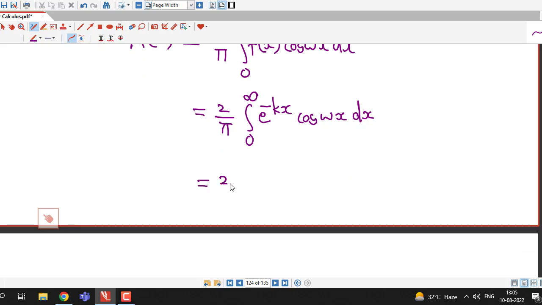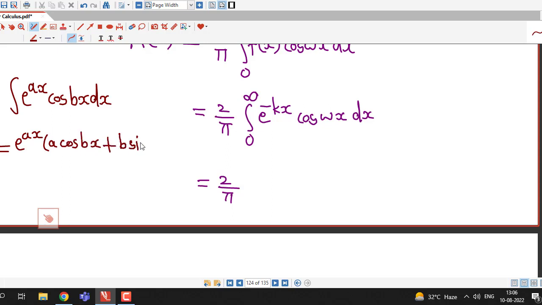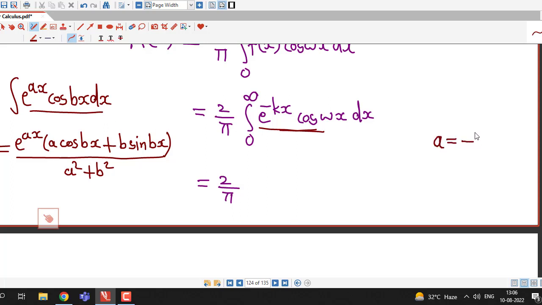So using that formula, if you recall, integral of e raised to ax times cos bx dx is equal to e raised to ax (a cos bx plus b sin bx) divided by square of a plus square of b. So if we compare this function with e raised to ax cos bx, we can see value of a is minus k and b is omega.